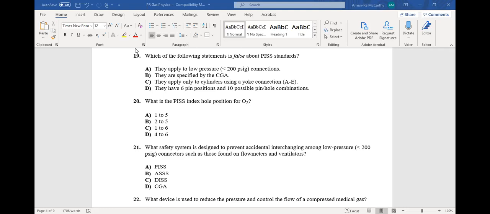Oxygen is 2 and 5. Good. 21, Gabby, what safety system is used to prevent accidental interchanging among low pressure, less than 200 connectors, such as those found on the flow meters and ventilators? The DISS. Excellent. The Diameter Index Safety System.